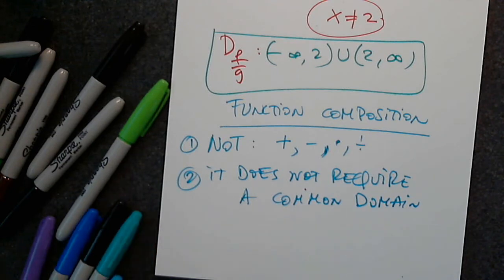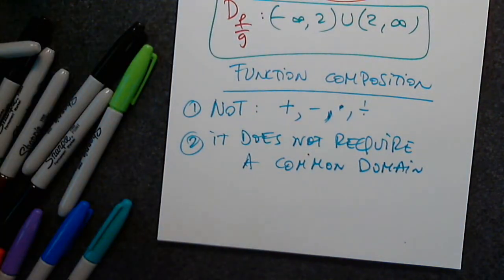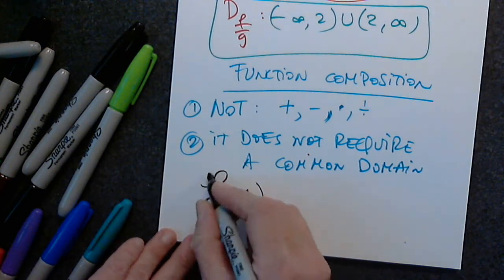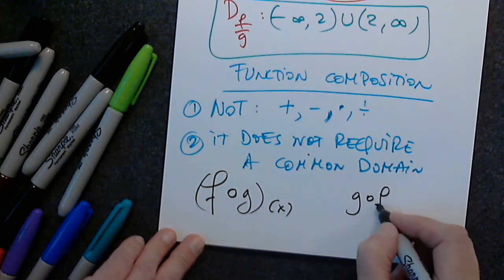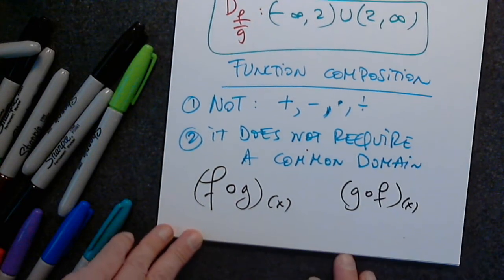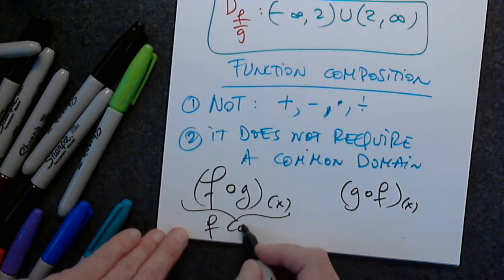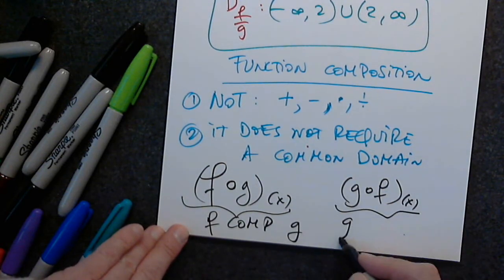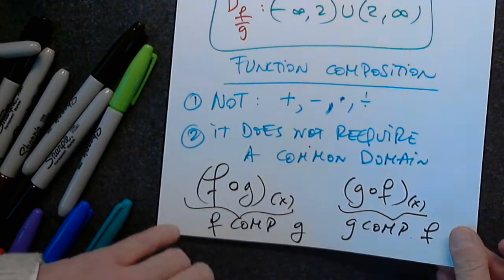And here is the notation. F, a circle, G, or G, a circle, F. Of course, this is not the way we pronounce it. I'm going to write it here. F comp G, G comp F, the composite.